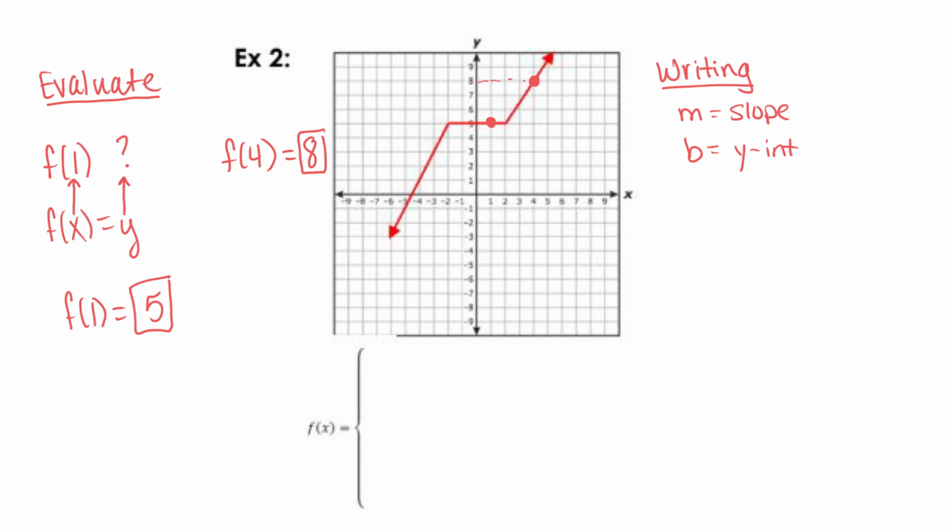Okay, so let's take this first line on the left side. Pick any 2 points that are on that line. Let's say this one, and it looks like this one is an actual point as well. Now we're going to count the rise over the run. So if I go from that bottom point, I'm going 1, 2, over 1, so that's positive 2, positive 1.